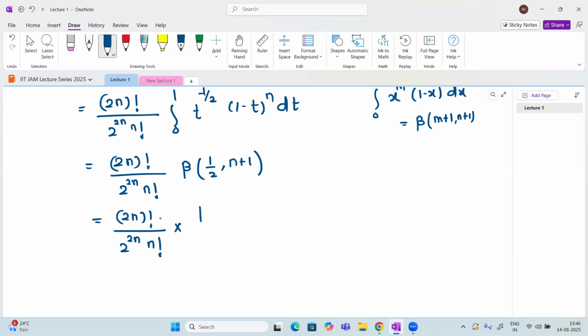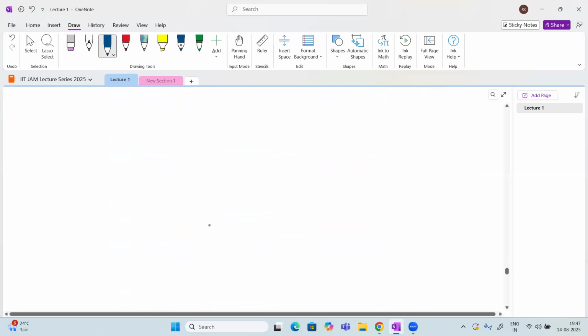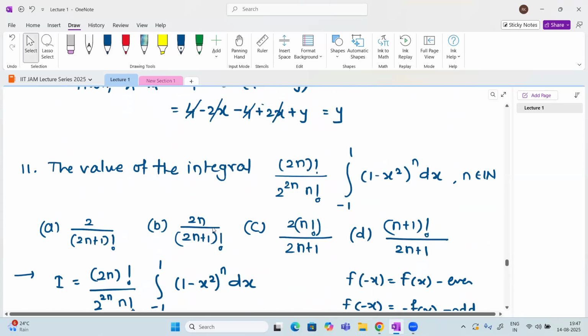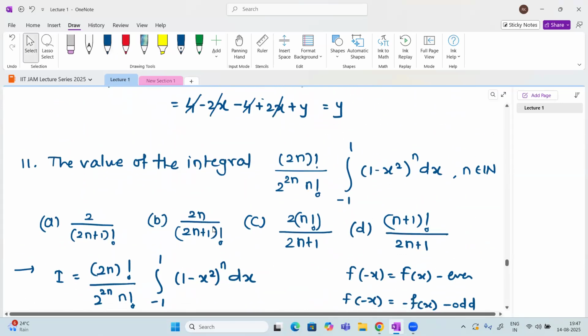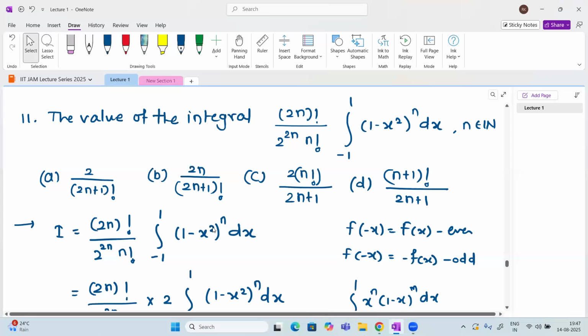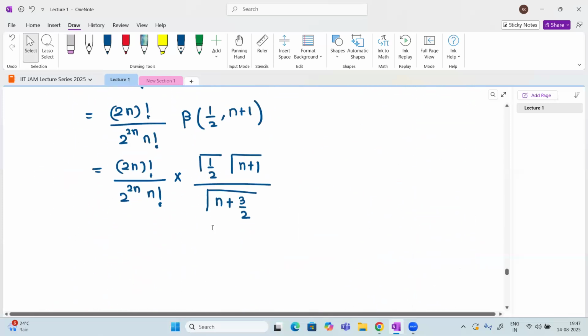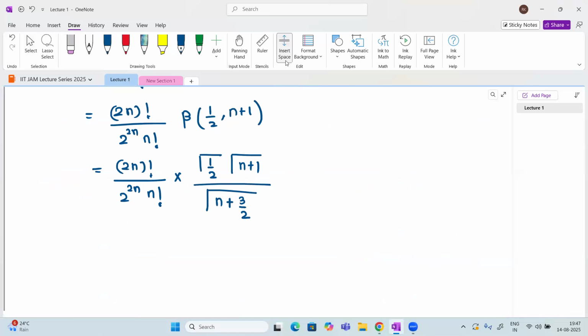So it will be gamma half, gamma n plus 1, and here we have to add n plus 1 and half, that means n plus 3 by 2. Getting? So let me check again. In the options, there is no gamma function. They have simply mentioned the factorial symbol, right? So that means we need to solve it further. Next step, can you guess?